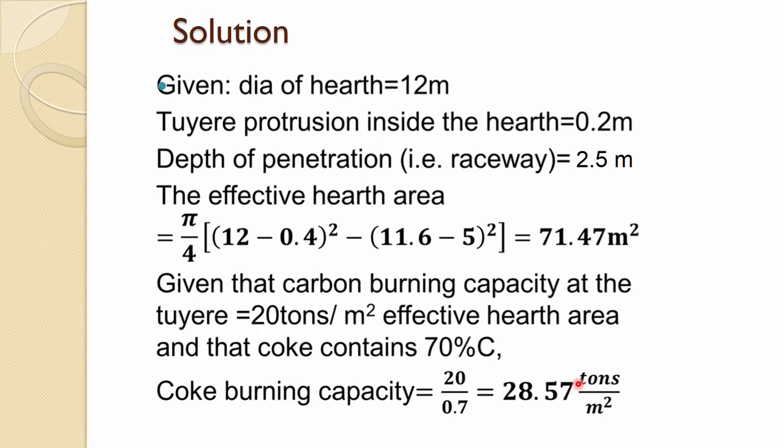It gives about 28.57 tons per meter square. So, effectively the coke burning capacity is about 28.6 tons per meter square.